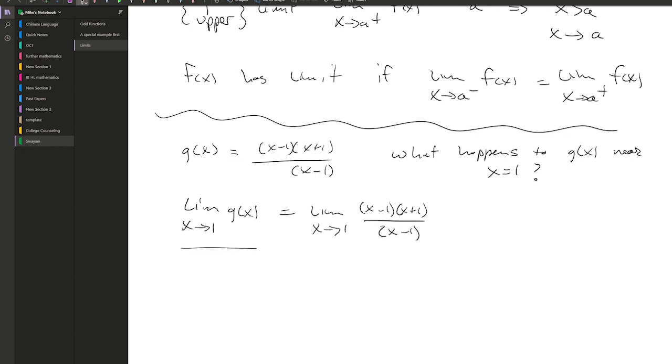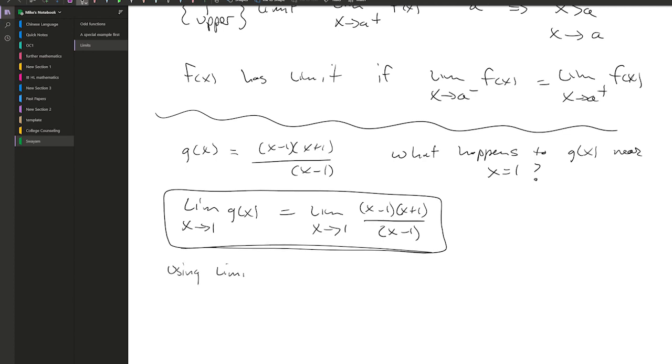And so now there's this really, really big important thing, that using limits, we use the number given.